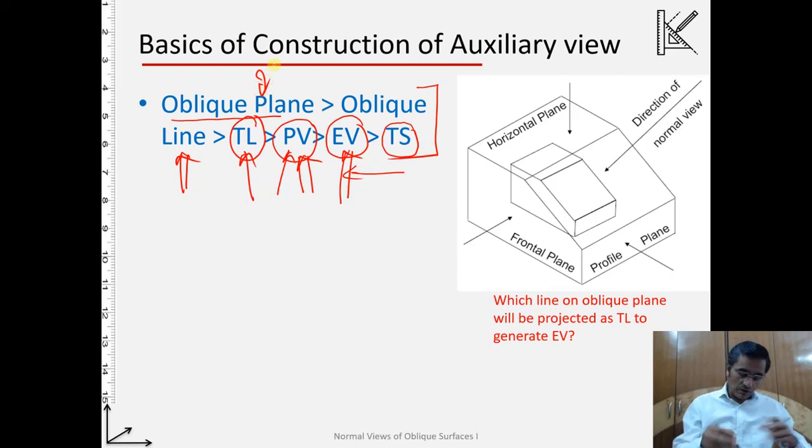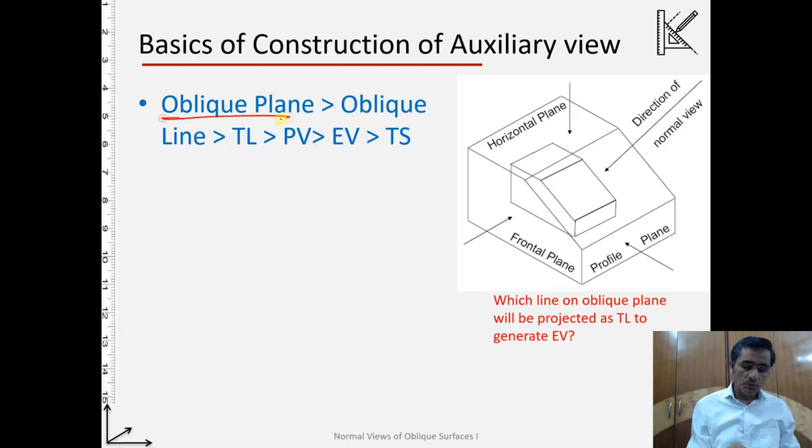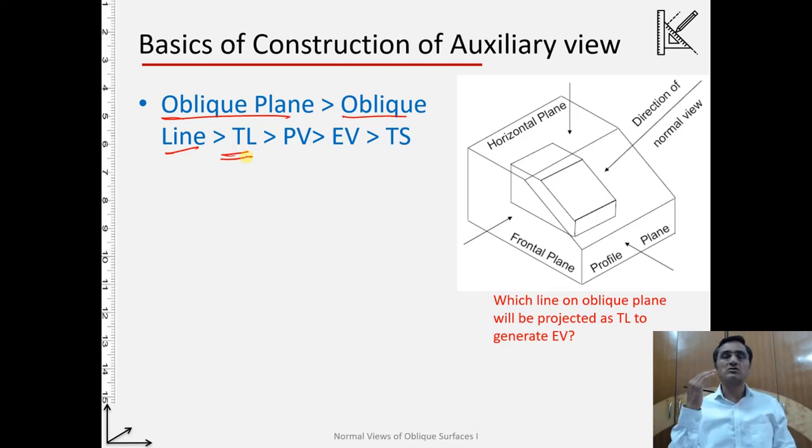If I just reverse it now, given an oblique plane, we will locate a line on it, which is an oblique line, and for that given oblique line we will project it on an auxiliary plane so that we know its true shape, or the normal view of the line, or the true length of the line.